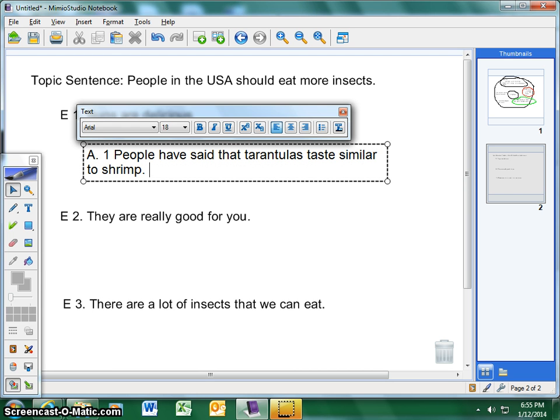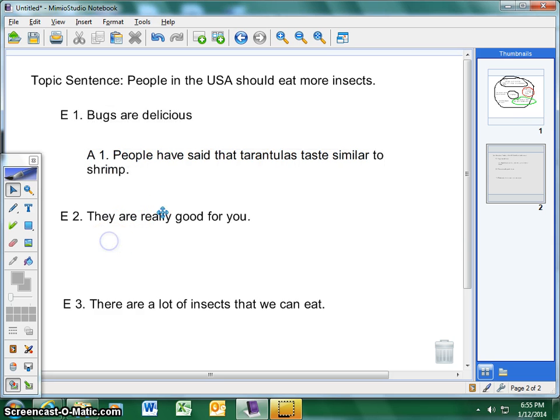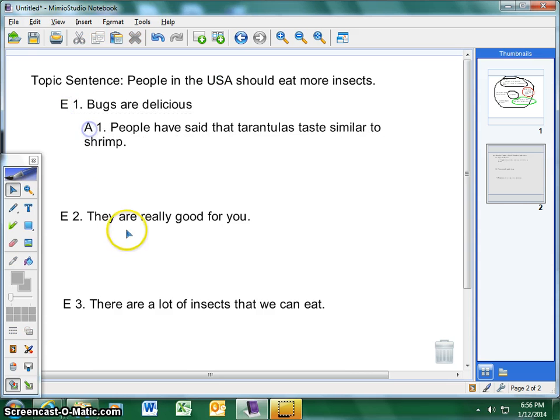And I'm trying to say it in a different way than how it was said previously, because I want to make sure that the way I'm writing this is not the same as the way it's written in the article we just were looking at the other day. So I've got my evidence and analysis one.